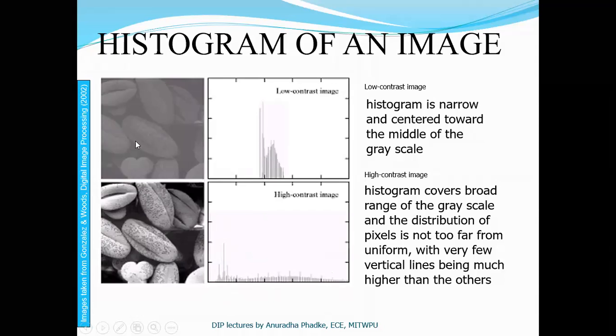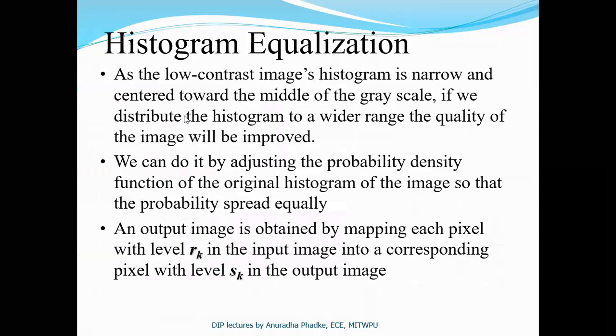So in order to convert your low contrast image to a good contrast image, we can process the histogram of the image so that we get an approximately equal distribution of gray values. Now let us have a look at how this histogram equalization works.